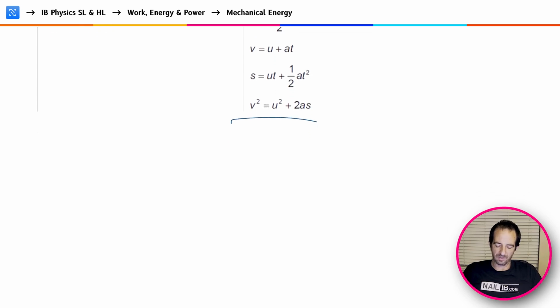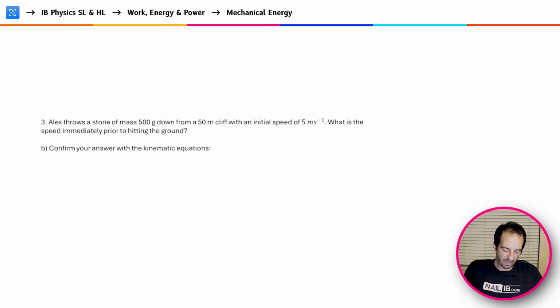So let me just write out v squared. v squared, which is that final velocity that we're looking for, is equal to the initial velocity squared plus 2 times acceleration times distance. s is distance in our kinematics formula. Let's plug in.